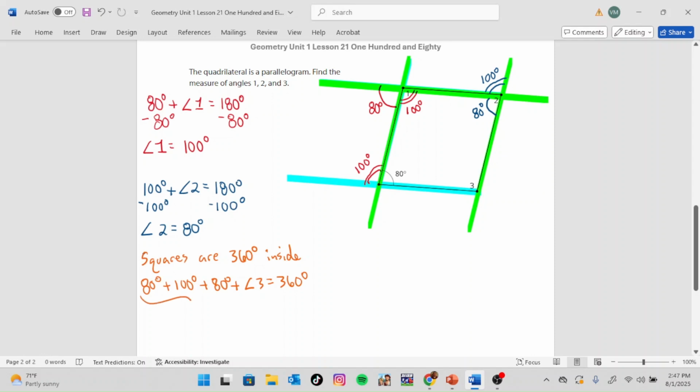If I add the three angles together that I know, that is 260 degrees plus angle number 3 equals 360 degrees. Subtract 260 degrees from both sides, and we find out that angle number 3 must be 100 degrees.